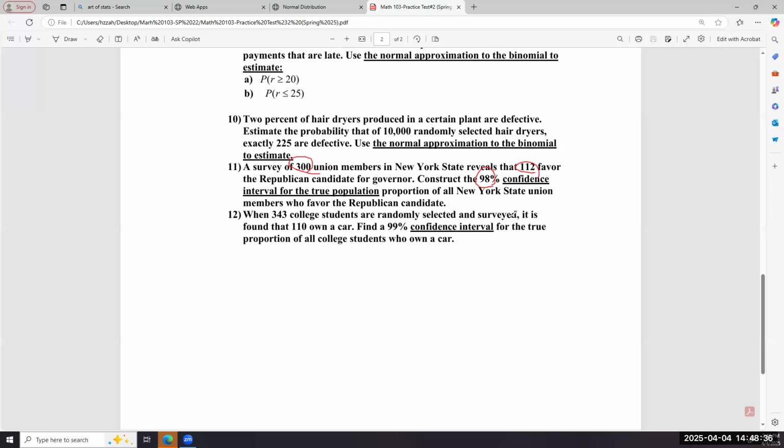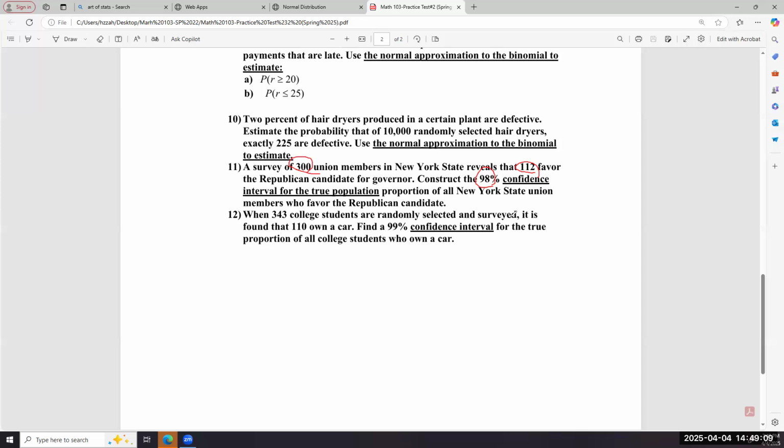So what we are going to do is estimate the proportion of all the union members in the population that are in favor of a Republican candidate, because this is just a sample. And how sure are you? 98%. So that's the case.